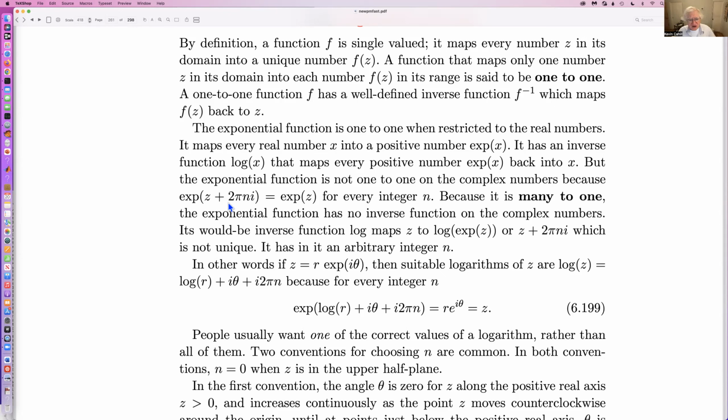So the exponential function on the complex plane is many to 1. And in fact, it's infinitely many to 1. And so the exponential function has no inverse function on the complex numbers, and its would-be inverse function maps z to log e to the z, which is z plus 2 pi n i, which of course is not unique.